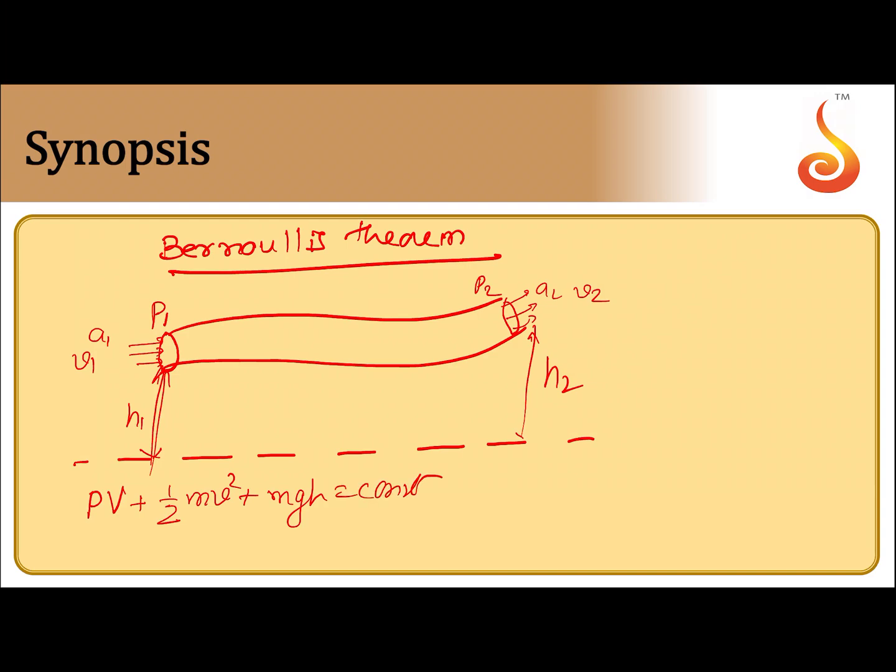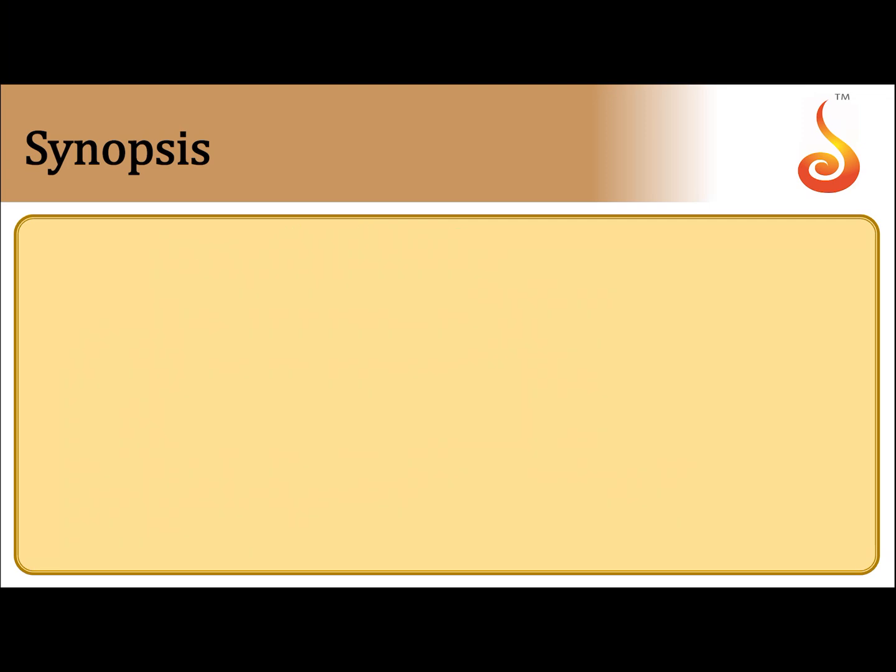Obviously, in the case of an incompressible fluid which is not undergoing any rotation and there is no question of viscosity, then PV plus half mv square plus mgh is constant. Now, if I divide by V throughout, what do I get? P plus half rho V square plus rho GH is equal to constant.